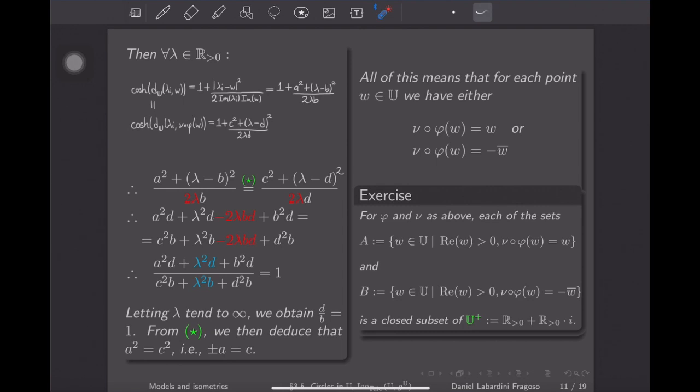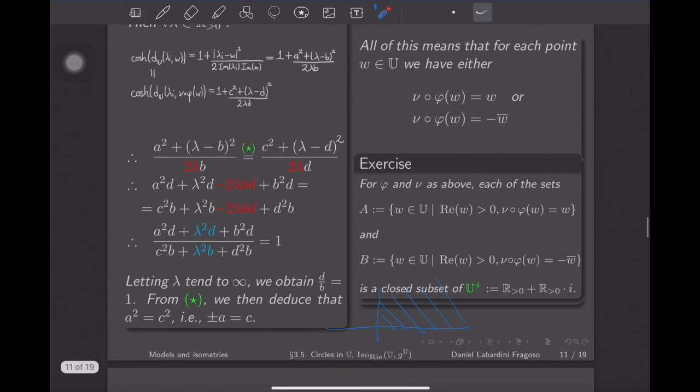So in other words, here is U plus, and A consists of those points that are fixed, and B consists of those points that are not fixed, but rather go to the other side.